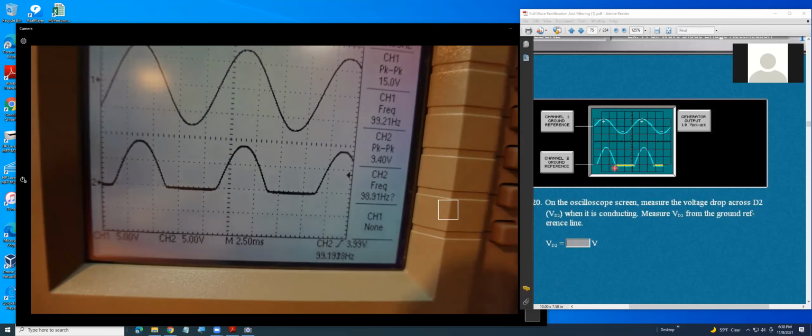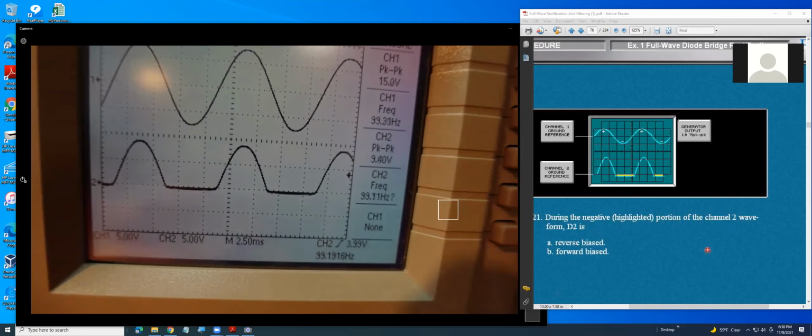Okay, they said during the negative portion of the channel 2 waveform, is D2 reverse biased or forward biased? Reverse. If it's reverse, you cannot get 0. Oh, that's right. You get a negative 0.6. So minus 0.6, then it's forward bias.